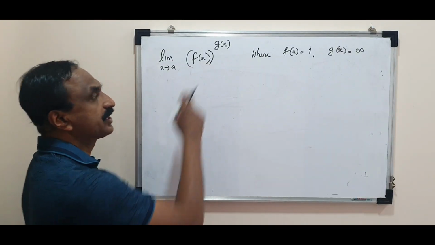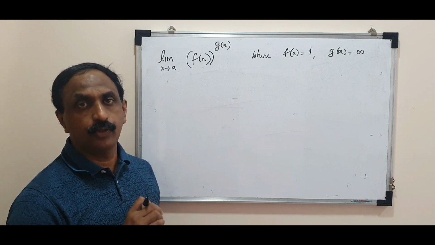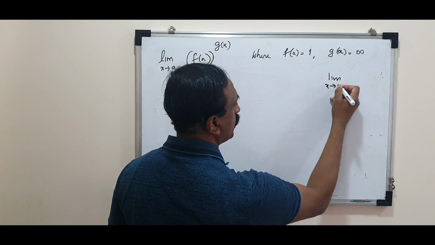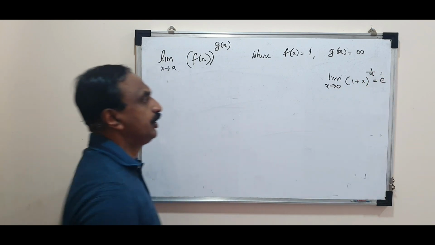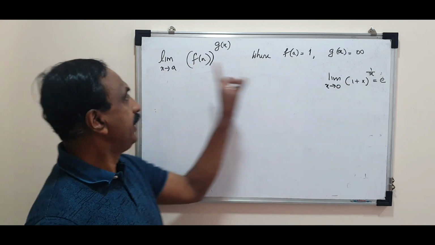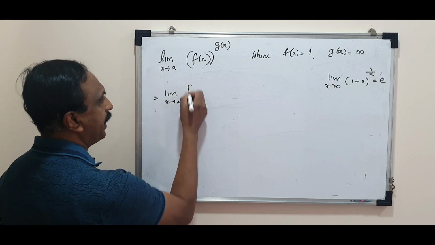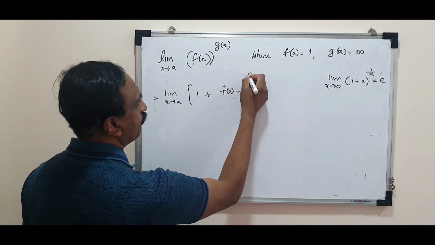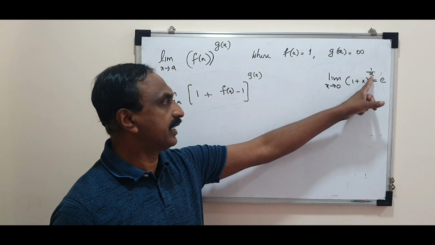For a function of this kind, how we will apply it directly, the shortcut I am going to derive for it, uses the same formula: limit x extending to 0, 1 plus x raised to 1 by x equals e. You have seen that I need 1 in the first term, so I will bring a 1 by adding 1 and subtracting 1. Next, what I require is a reciprocal.